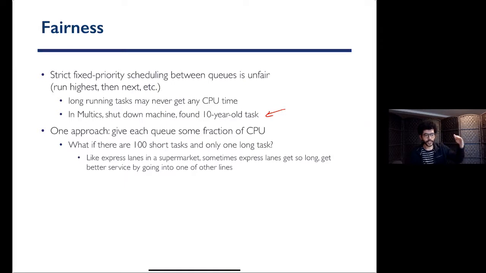So you could potentially say, let's say 90% of the time I schedule tasks from highest priority, and then maybe 15% of the time I schedule tasks from medium priority, and 5% of the time I schedule tasks from low priority.